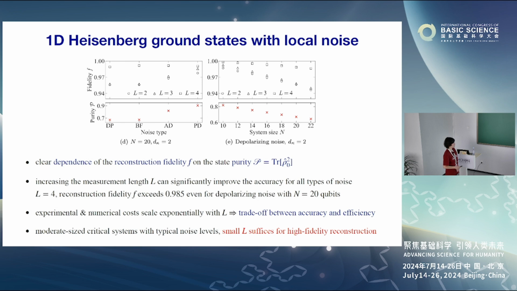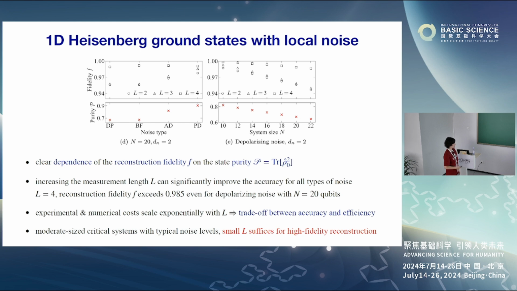Although we also observe the purity dependence of the reconstruction fidelity, in the lower panel, the purity and the reconstruction fidelity show the same trend. This means that if we want to have a larger fidelity, we need to increase L. However, the cost will also increase exponentially with L. So there must be a trade-off between the accuracy and the efficiency.